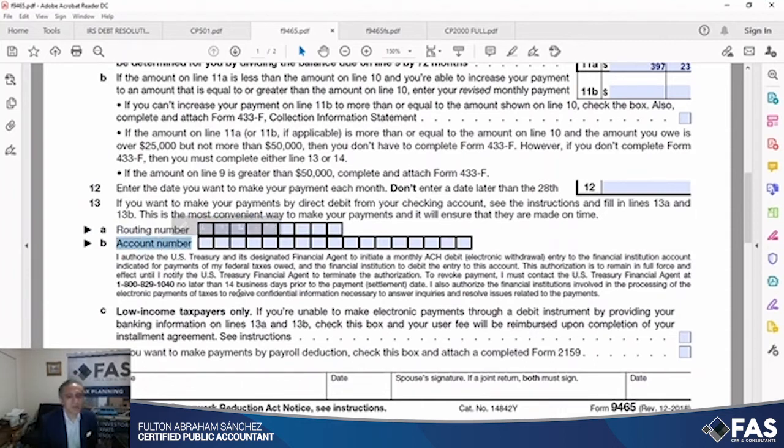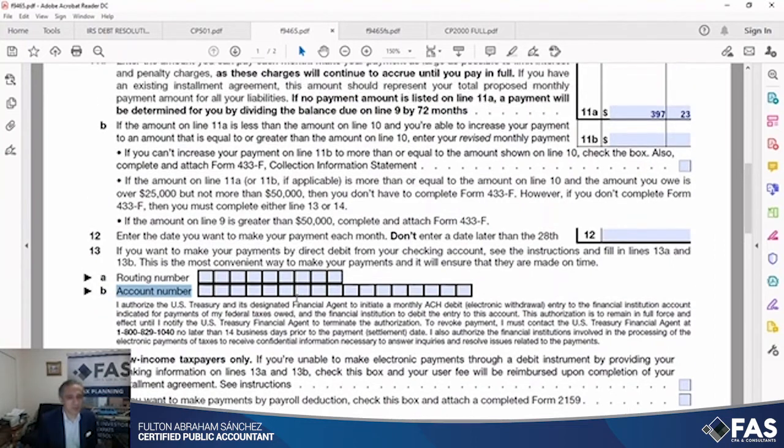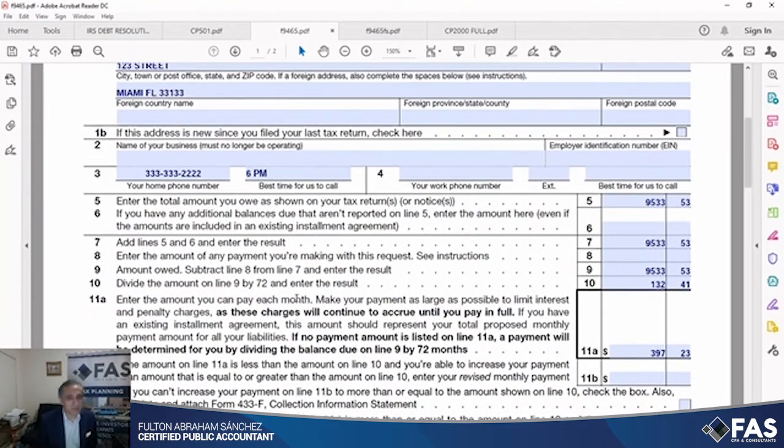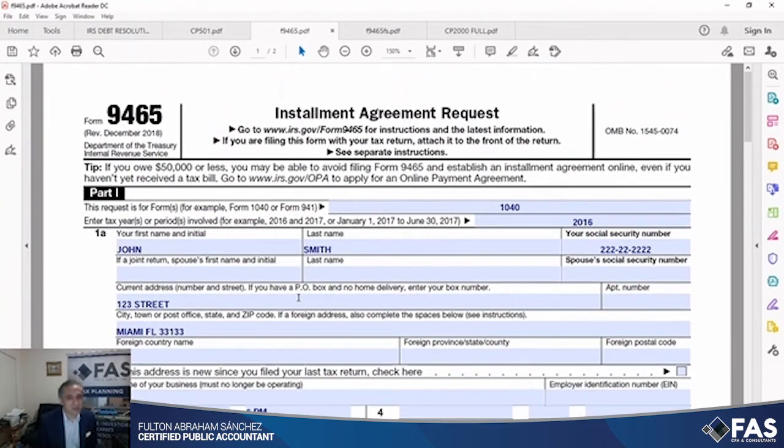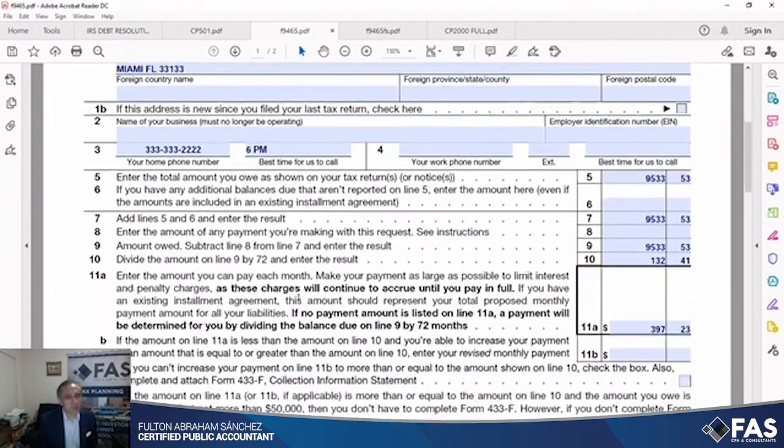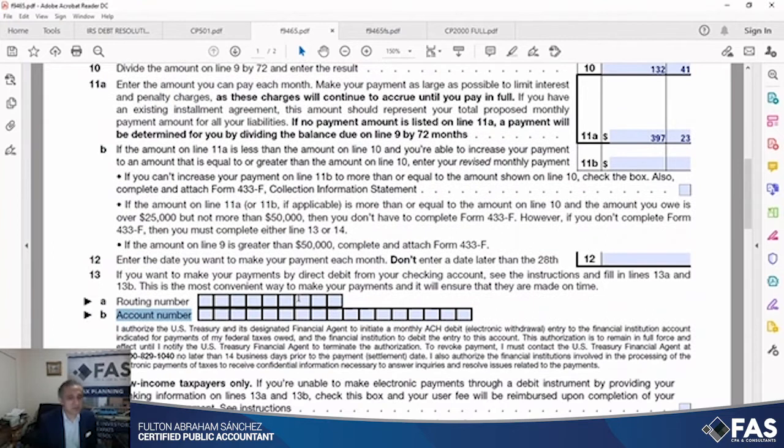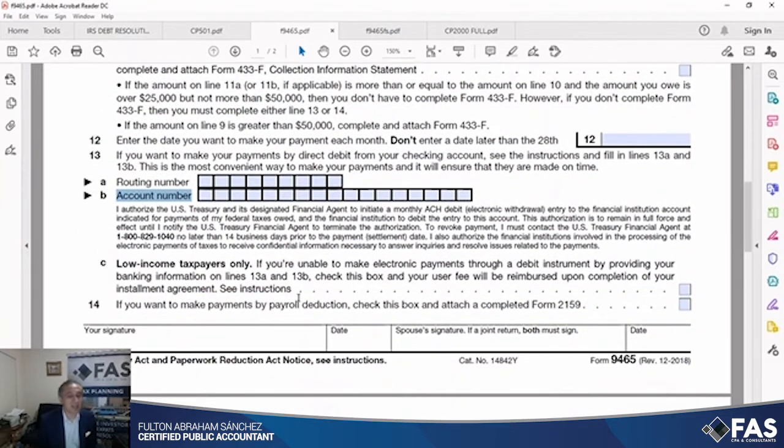And this is where it is also a little tricky. Many times this form 9465 is mailed to the IRS in original. It will take probably 30 days, maybe 60 days. Sometimes I have seen 90 days. And the IRS has not processed the information.